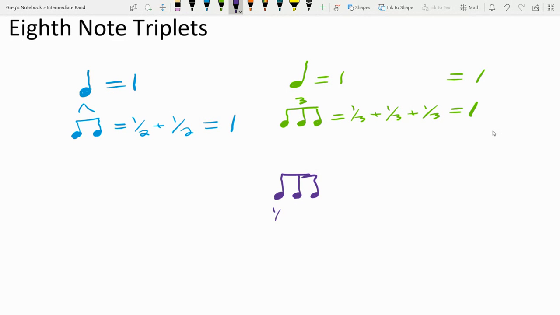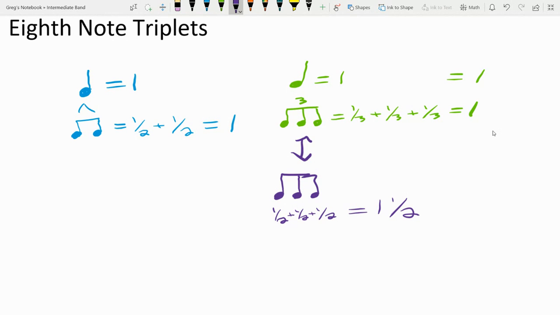So that would be 1/2 of a beat plus 1/2 of a beat plus another 1/2 of a beat there, which would actually be 1.5 beats. That is different than what we have up here with the triplet.